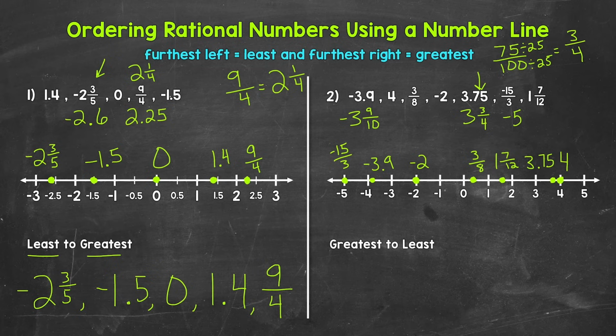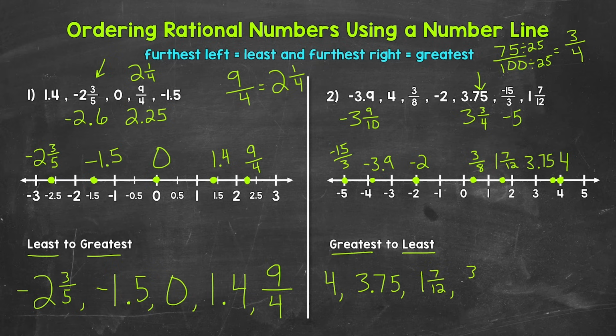Now we need to order from greatest to least. So the greatest is going to be the furthest to the right on the number line, and then we can work our way left. So the greatest is 4. Then we have 3 and 75 hundredths. Then 1 and 7 twelfths.